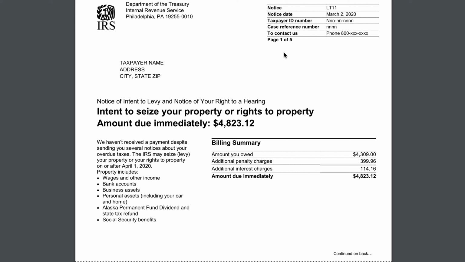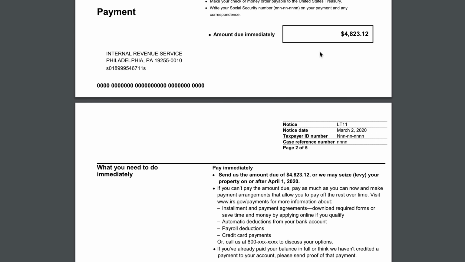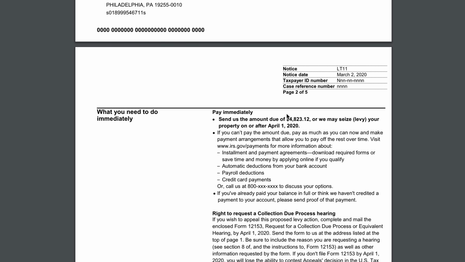Basically, there should be a notice date here, and that notice date is going to be very important, particularly when it comes to the timing of your CDP hearing request. There are usually due dates, either calendar dates or "please respond within 30 days of this notice" type dates.